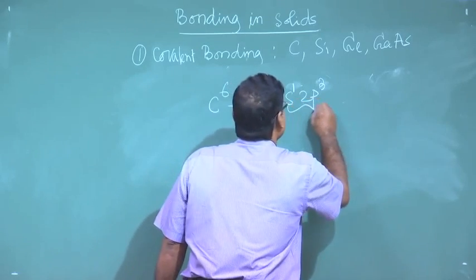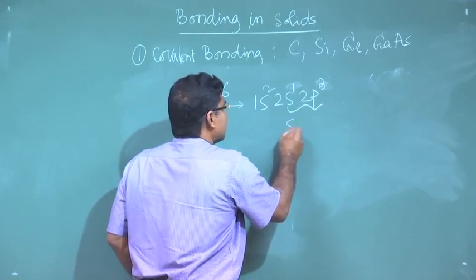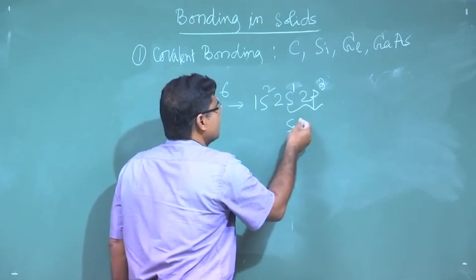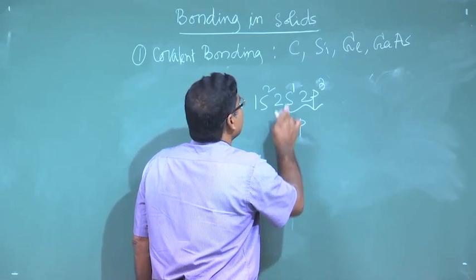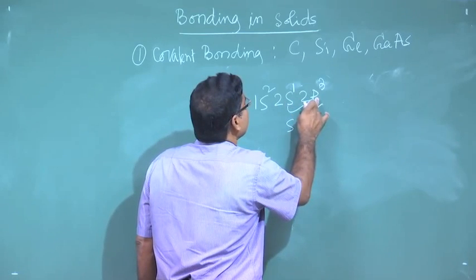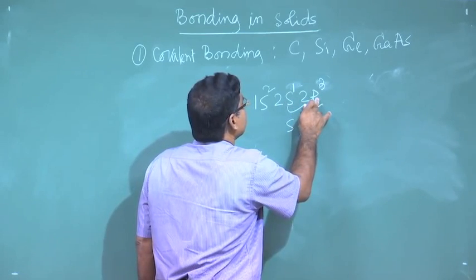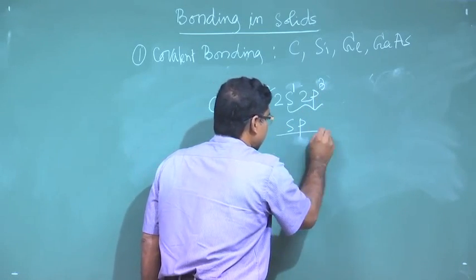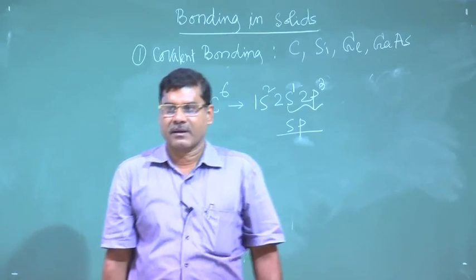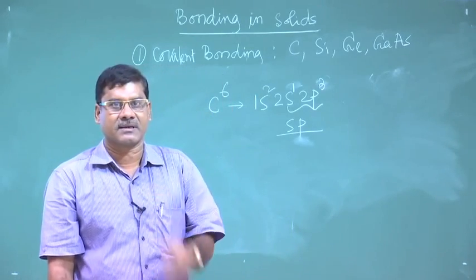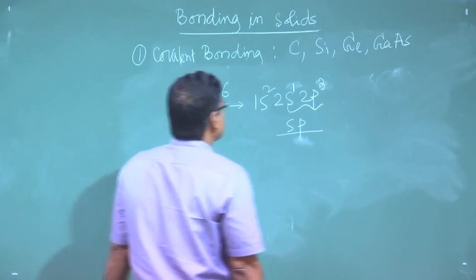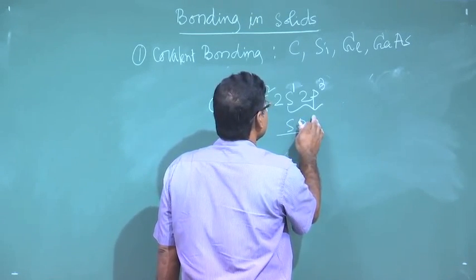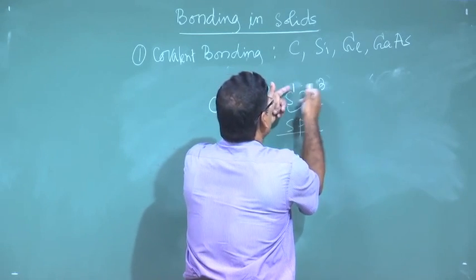Then we say this is sp3, 1 s electron and 3 p electrons. It forms sp3 hybridization. So, then these 4 electrons will have equivalent energy levels. So, this is sp3 hybridization.